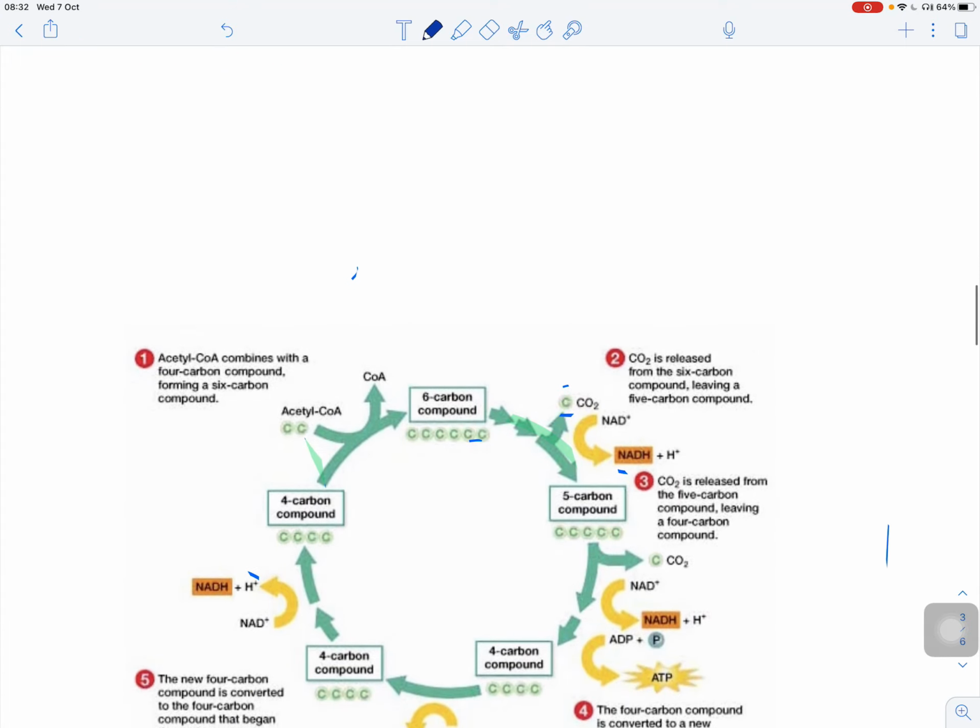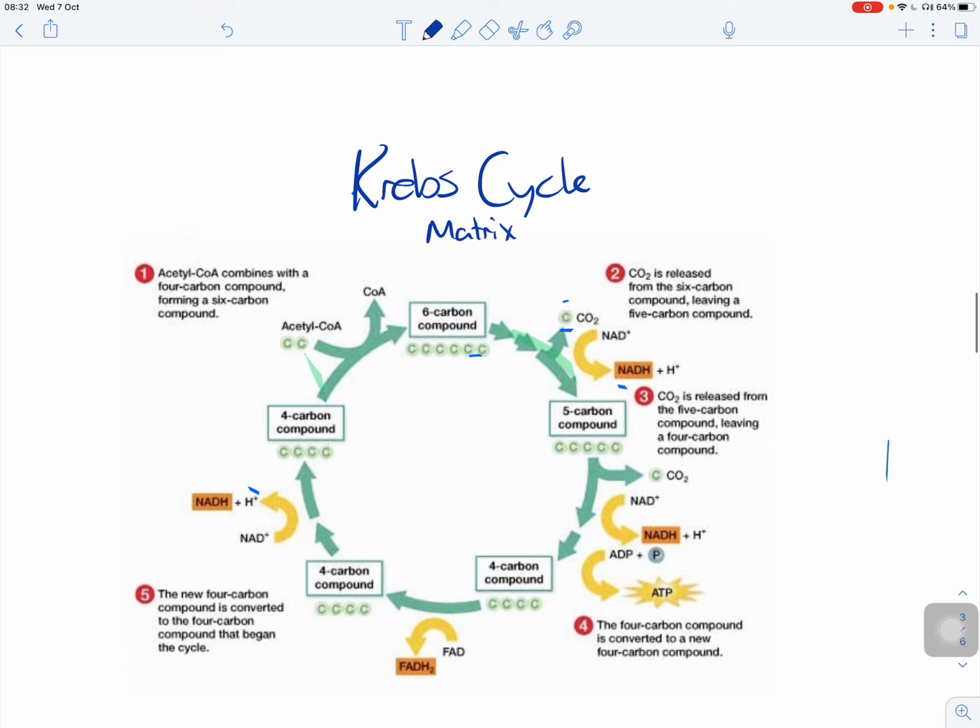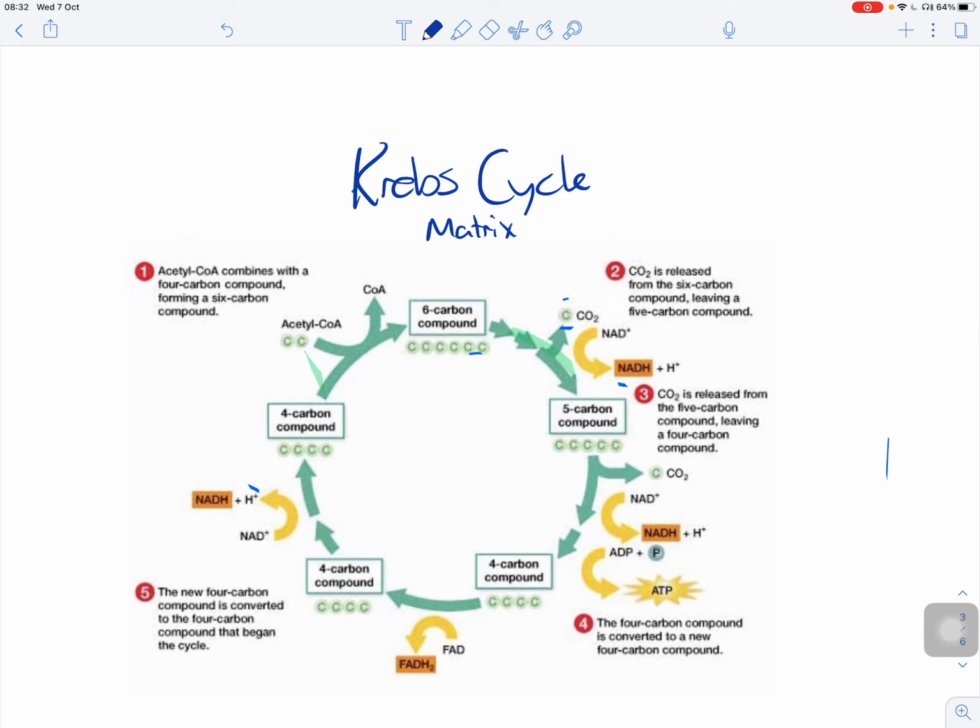So then we go to the Krebs cycle. And again, this is also happening in the matrix of the mitochondria. And what happens here is the link reaction, right? So pyruvate comes in, comes out as acetyl coenzyme A, coenzyme A is recycled, right? So here's the link reaction.